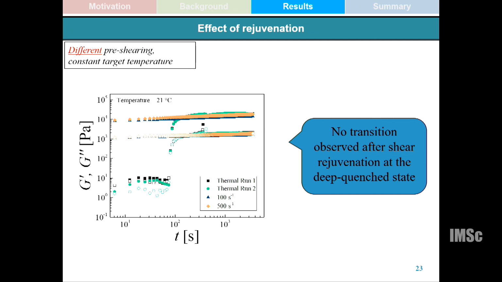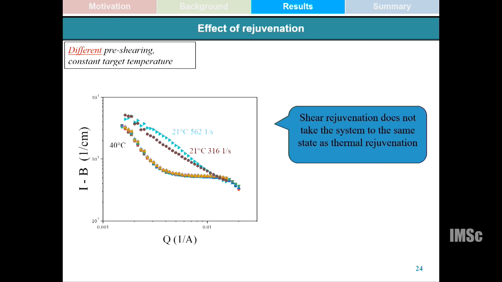So this suggests that shear rejuvenation cannot take your sample back to the initial state as thermal rejuvenation could. We also did the SANS scattering experiment to confirm that, and we saw that the intensity curves for thermal rejuvenation and for shear rejuvenation are not identical, which suggests that some structure is still retained even though you apply a very high amount of shearing to the sample.